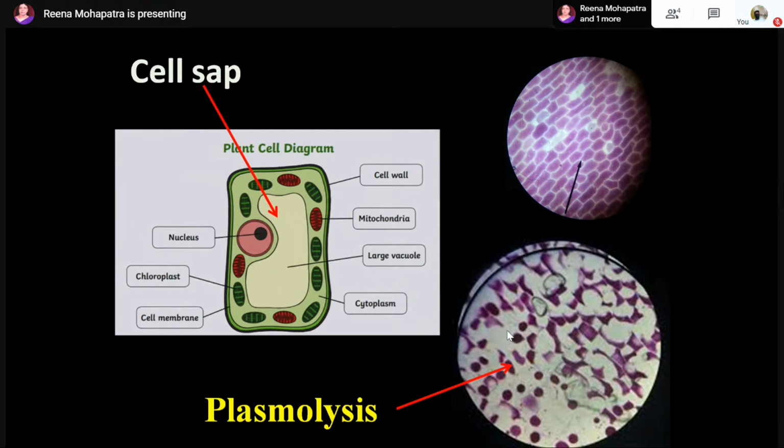The vacuole contains anthocyanin pigment, so the size of the vacuole here is decreasing. So this phenomenon is called plasmolysis. This indicates that exosmosis has taken place, because outside hypertonic solution is present. Did you get it? Yes, ma'am.